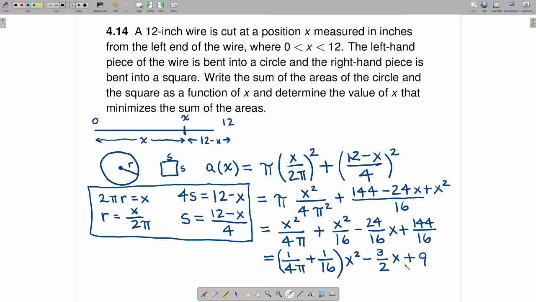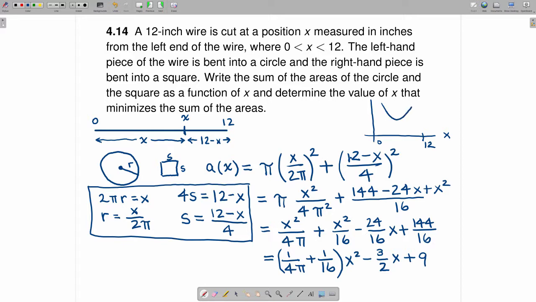We see now that the sum of the area of the circle plus the area of the square is a quadratic function. And furthermore, because this coefficient out front of x squared is positive, it is a concave up parabola. If I were to draw a quick sketch of this for x values between 0 and 12, because 0 and 12 are the two limits where I can break the wire, you're going to have a parabola that is concave up.